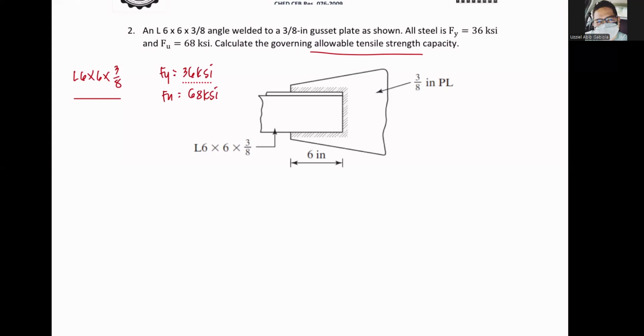Okay, so we have first our GSY or gross section yielding. So Pn over omega is Fy Ag all over 1.67. So we need the value of the area for our section.